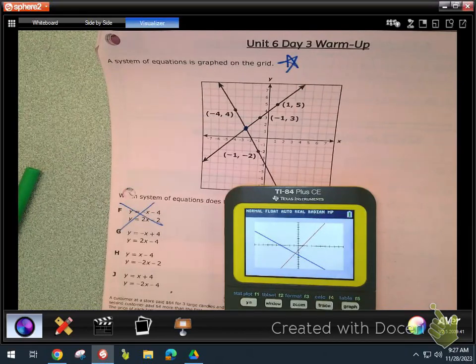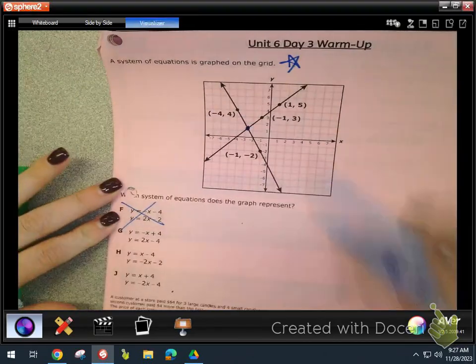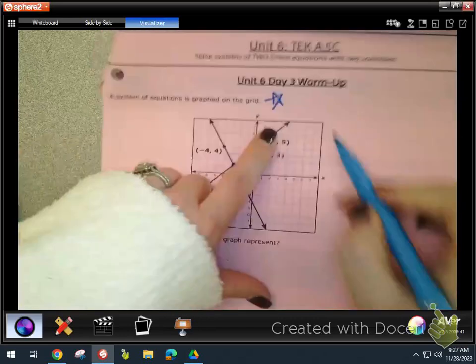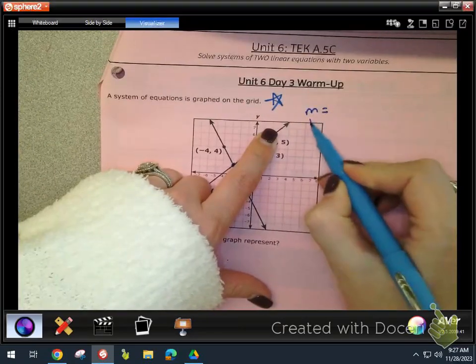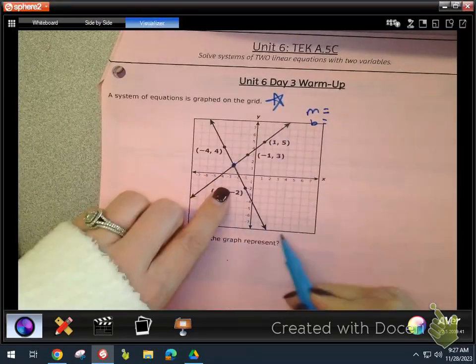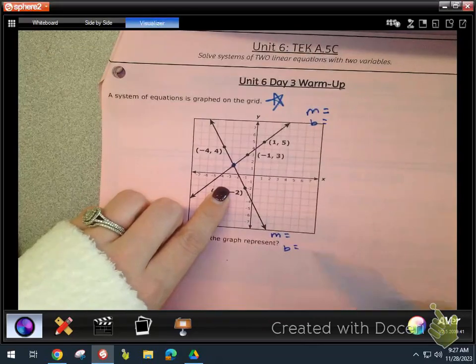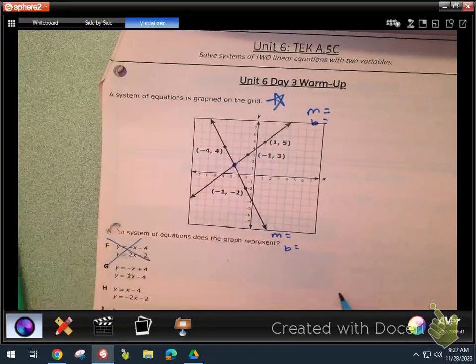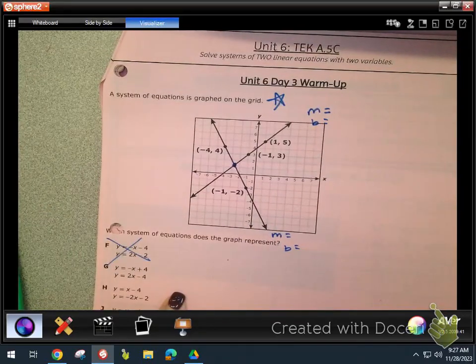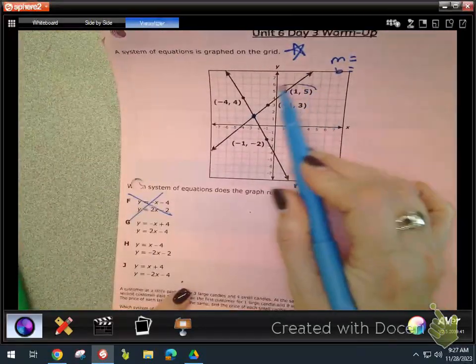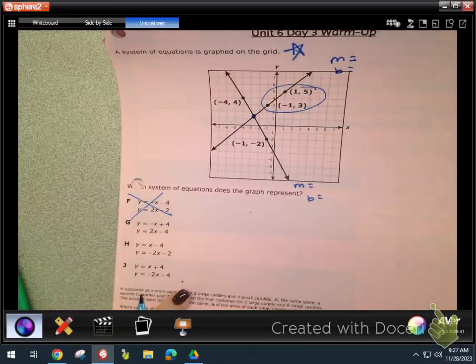Option 2, I saw some of you guys looking at each line at a time and finding the slope of each line and the y-intercept of each line, one at a time, and then matching that way. And then the other thing that you could do was they gave you some points on each line.